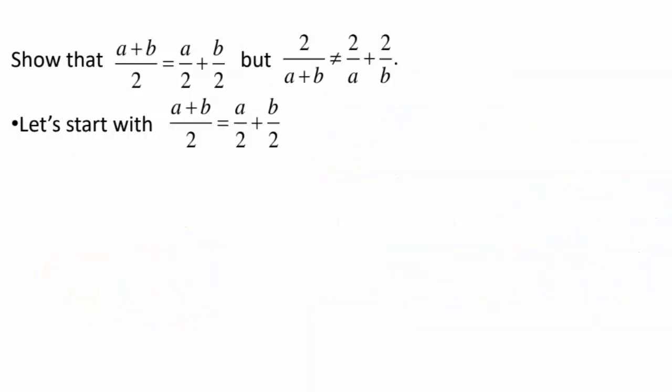This is saying show that a plus b divided by 2 is equal to 2 separate fractions. A divided by 2 plus b divided by 2. But, now notice this but. This but is going to talk about this part.